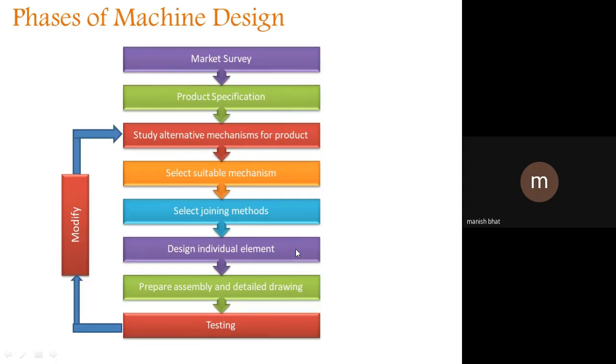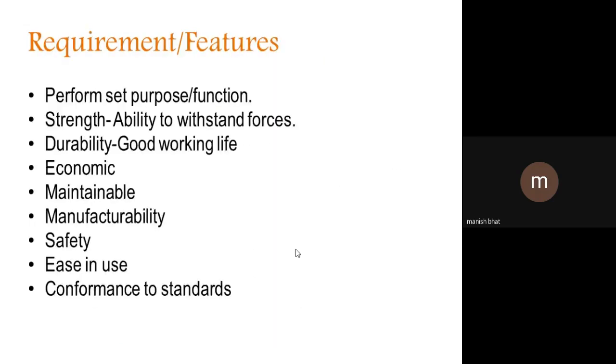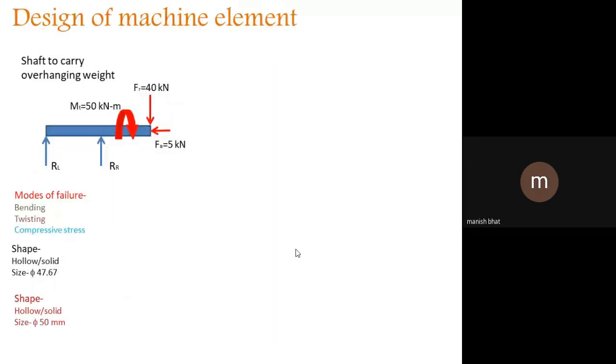In a pedestal bearing also there are several components like sleeve, cap, body, different screws, nut, lock nut. So these are individual components, and whenever we design individual components, then it is possible for us to design a particular component. Now we will be starting with the design of individual machine element.